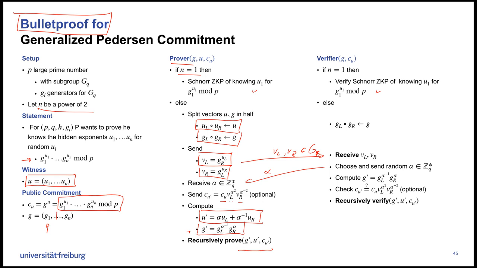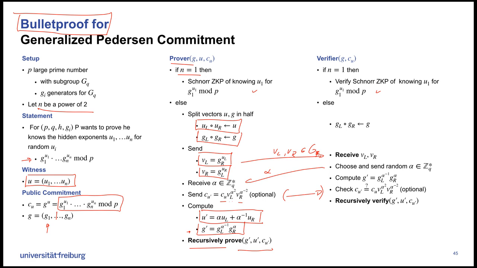Okay, so here on the other side, we can send this information and optionally check it. I say optionally because the verifier has already the information to do it on his own, so it doesn't even need that. So we don't need this communication at all at this point. And then we do this recursively. So what happened is we started with an array of length n, and what we did is we folded this array, we split it in two halves, somehow combined it, and then we have a new array of length n/2.